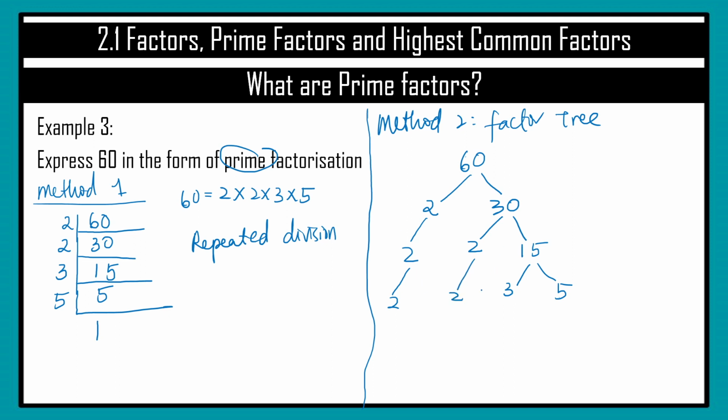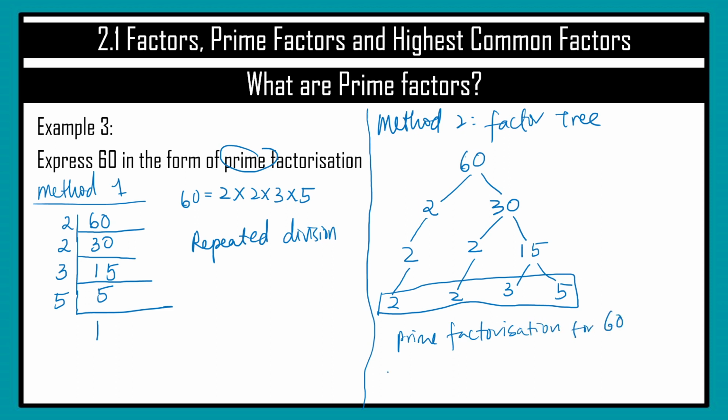Alright, so this final list of numbers are the numbers formed for prime factorization. Alright, so the prime factorization for 60 is 2 multiply 2 multiply 3 multiply 5.